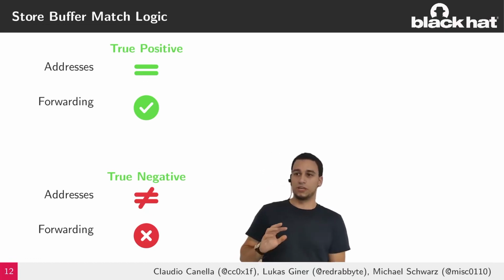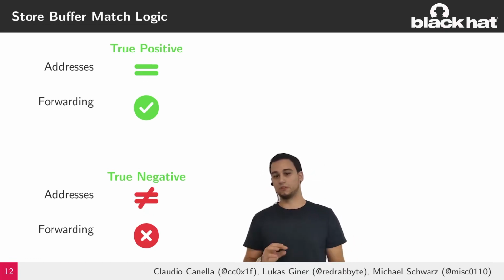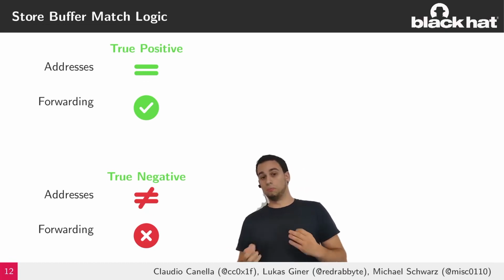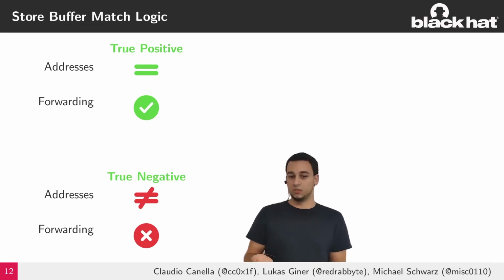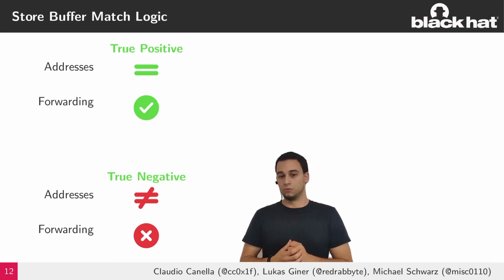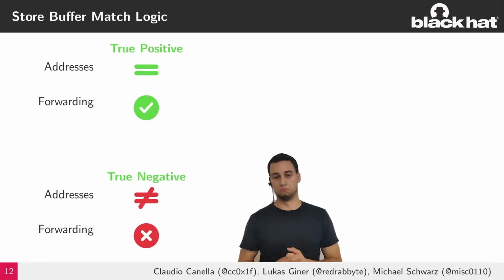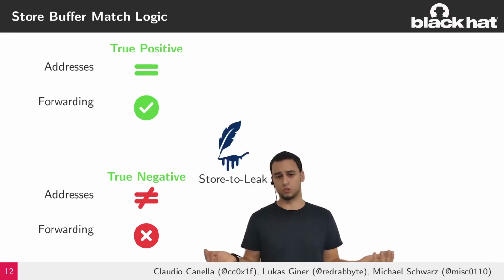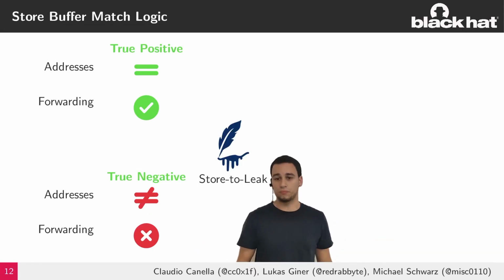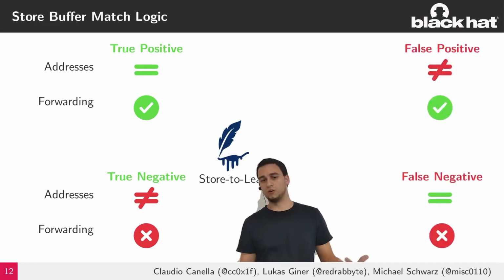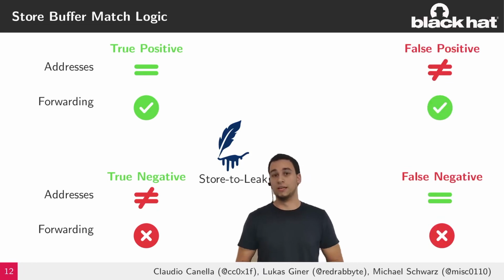Maybe we also have some errors in the comparison there because things go really fast, and we might have other stores and loads in between. So maybe we also have some true negatives where we don't have something there, and we're not matching anything, we're not forwarding anything. This is also fine. That's true negatives. And this is basically all true positives and true negatives that we exploit in this talk here.